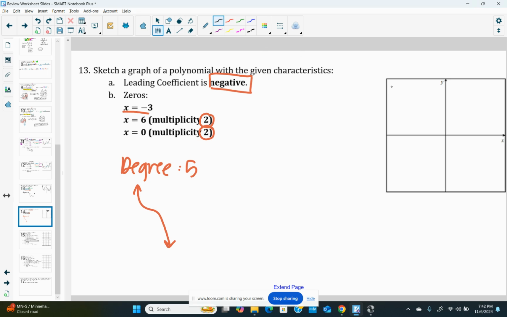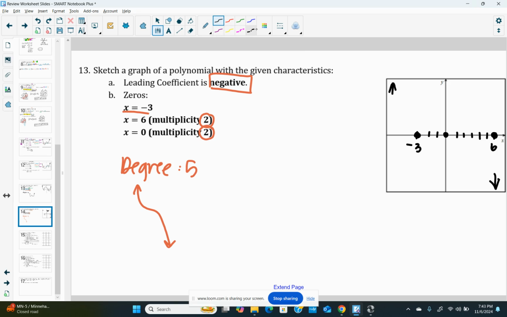So our branch is going to be up here, and it's going to be down on this side. Then we need to cross at -3, 0, and 6. Okay, so those are the places that we're going to need to cross.